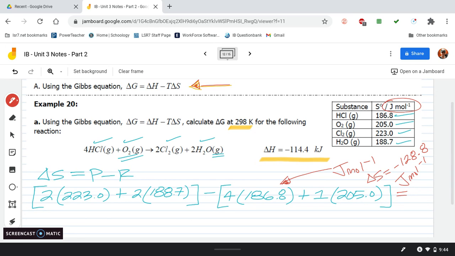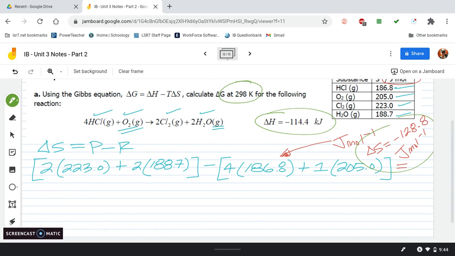Now what you can do is come back up to our formula here, and you can see we've got all kinds of stuff there, but now we actually have 3 numbers that we can plug in. Let's look at those real quick: the temperature, the delta H, and now this delta S. Now here's the problem.